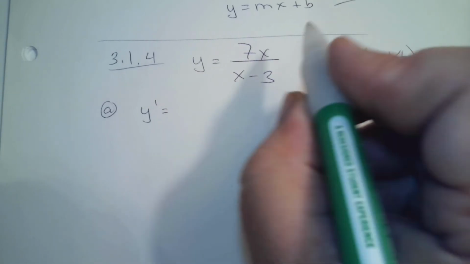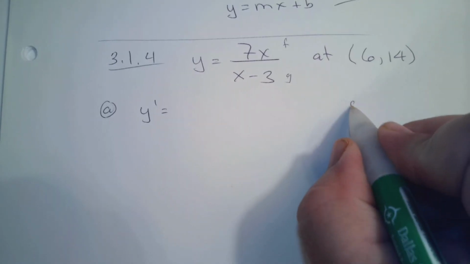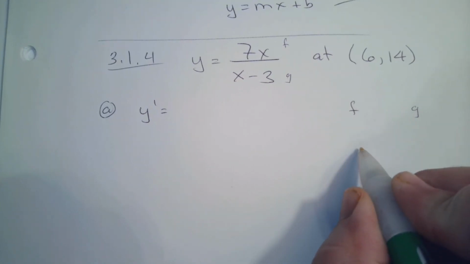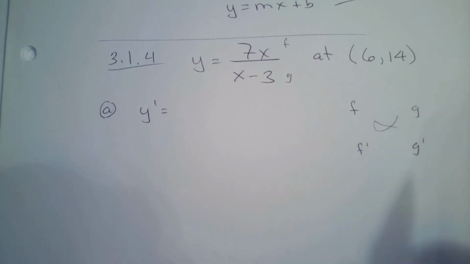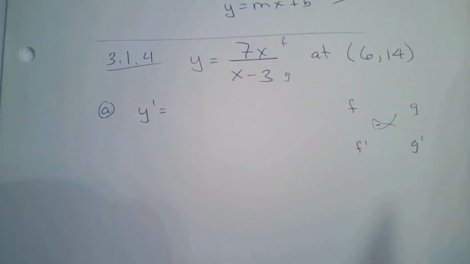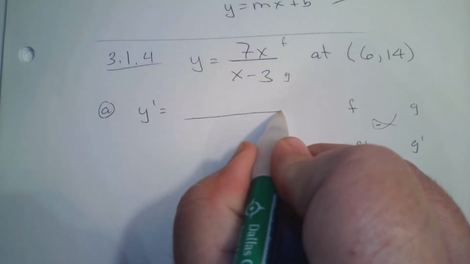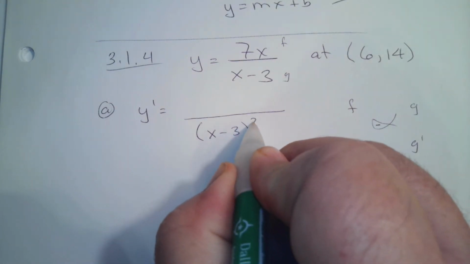Remember, it's a quotient, so we take top is f, bottom is g. So we have f, g, f prime, g prime, and we have to do the fish. Since it's division, we have to subtract. So we know what the bottom is going to be: x minus 3 squared.